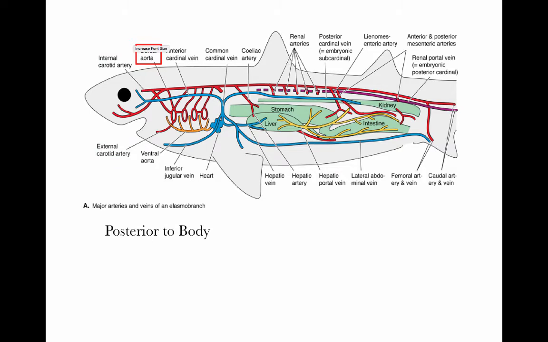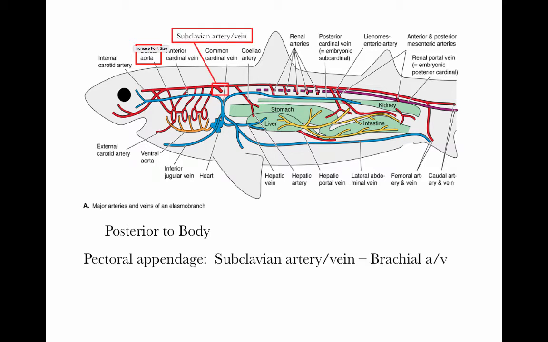Going posteriorly to the body, we see lots and lots of branches from the dorsal aorta. So let's organize these branches posterior to the heart of the dorsal aorta according to their targets. First we can think about the branches that go to the two pairs of appendages.